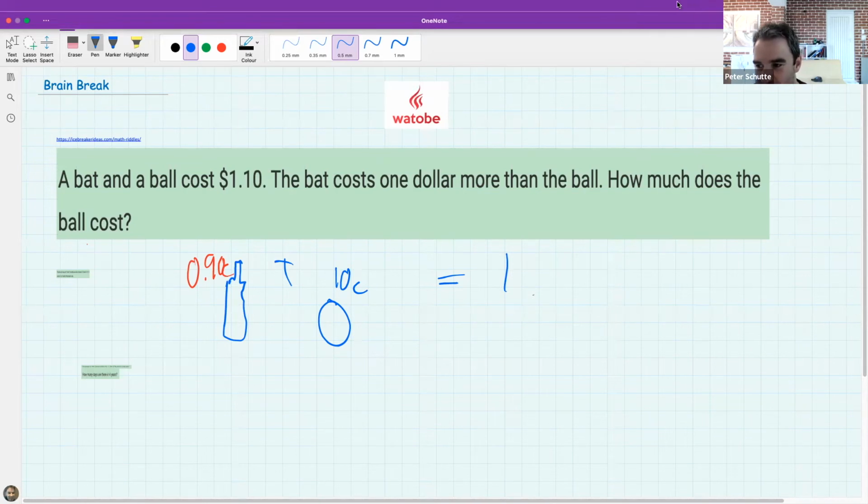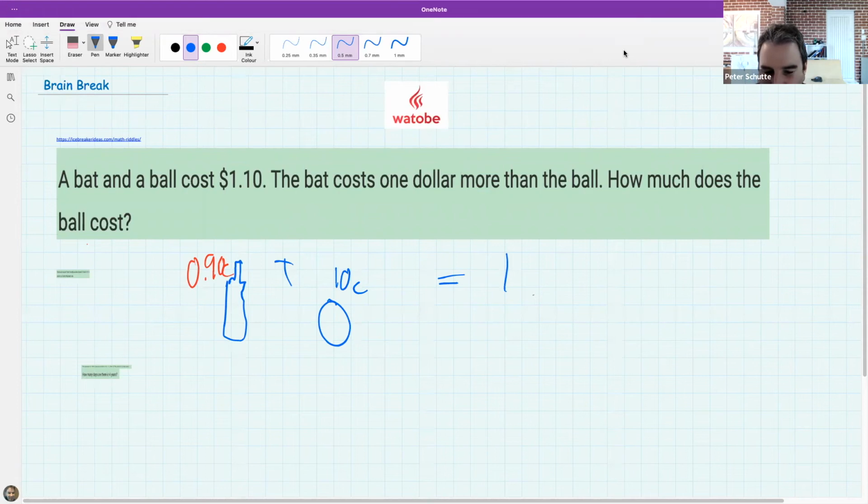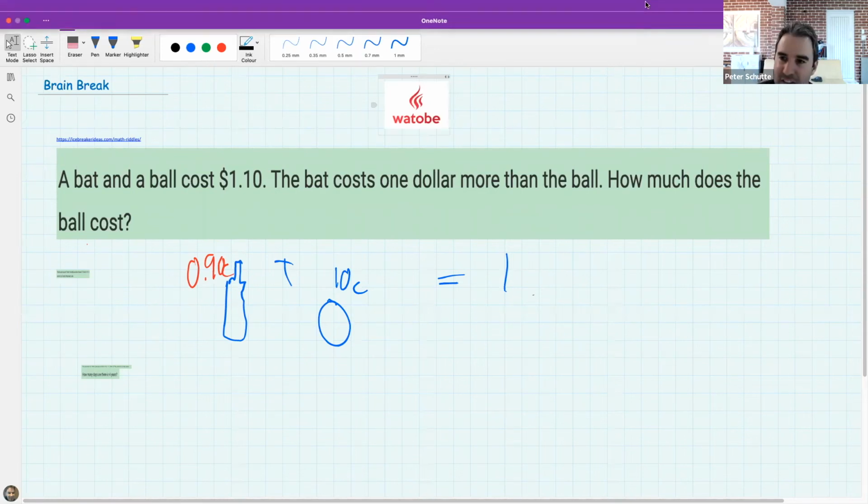Kukle, you're on the right track. So how much is the ball going to be? Kukle, do you want to come tell us what you think? Okay, Kukle, what do you think the ball costs?